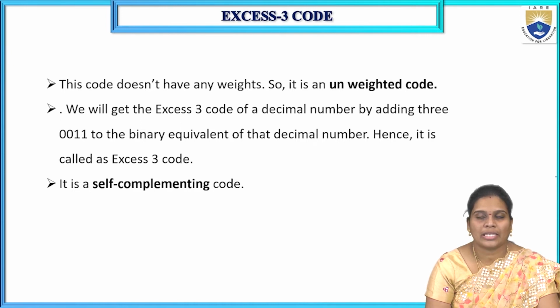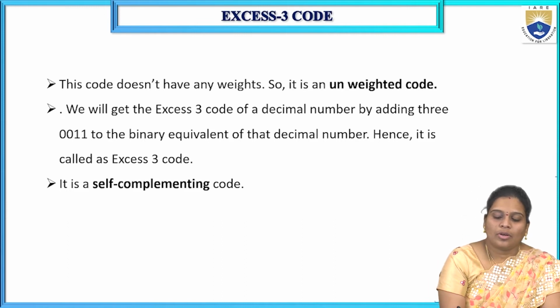So that is the XS3 code. It does not depend on any particular weights, so this is an unweighted code. XS3 code is adding 3 to those binary values.